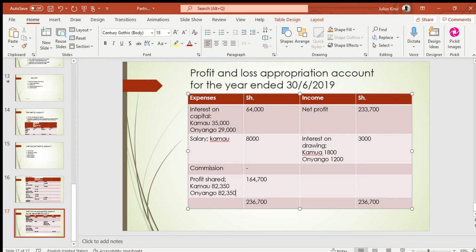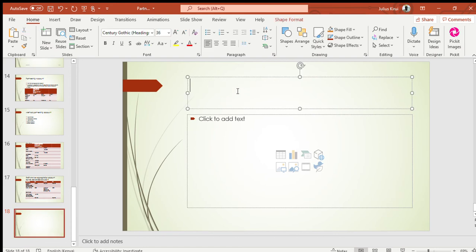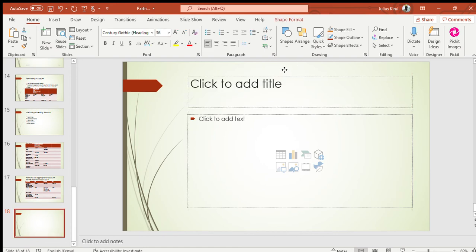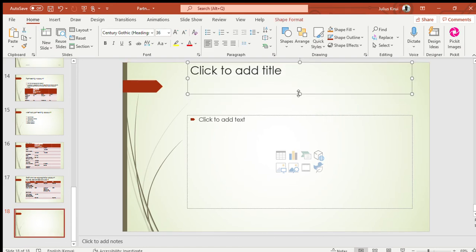Now once you are there, we now prepare partners account. Partners account will actually show us the distribution of the capital among partners. So our next account is partners account. We are now preparing what?